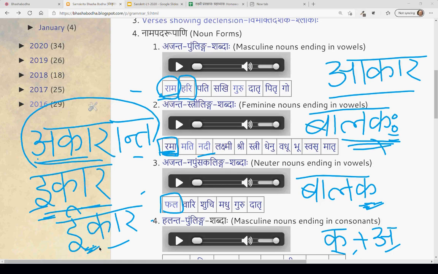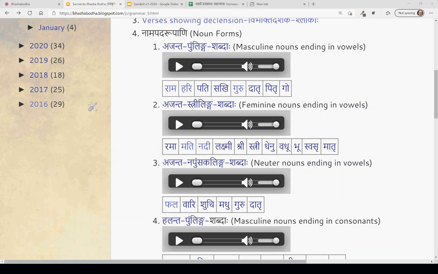Sir, I have a question. In Pullinga we have Hari, in Strilinga we have Mati. Both are ikaranta, right? Yes. Let's say Rishi is a sage, I know he's male. So where do I classify him, Pullinga or Strilinga?